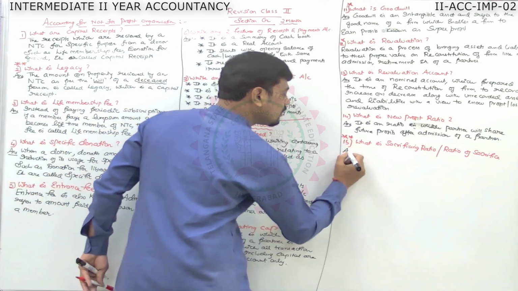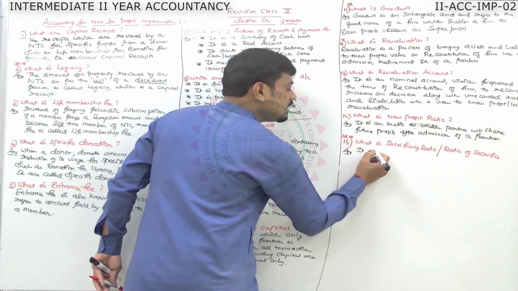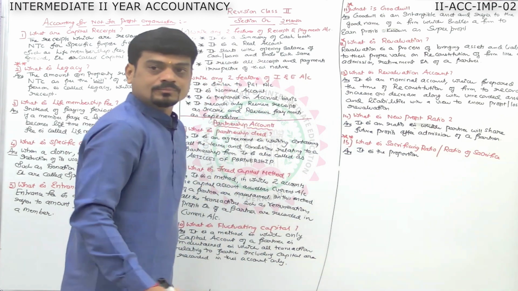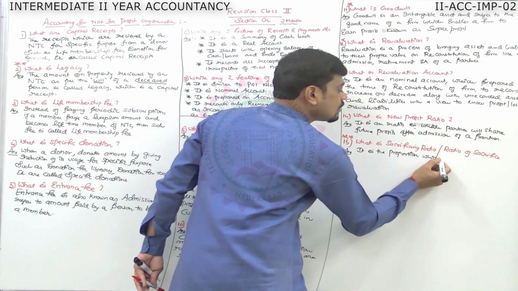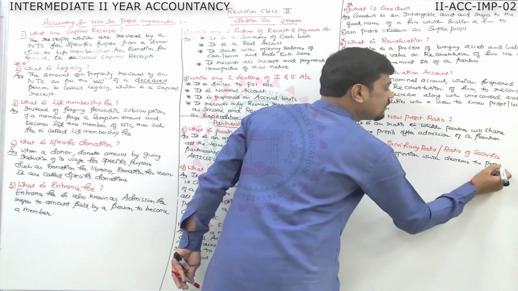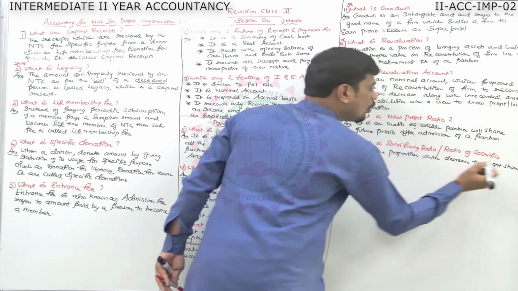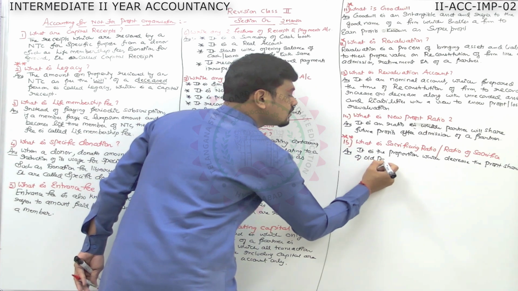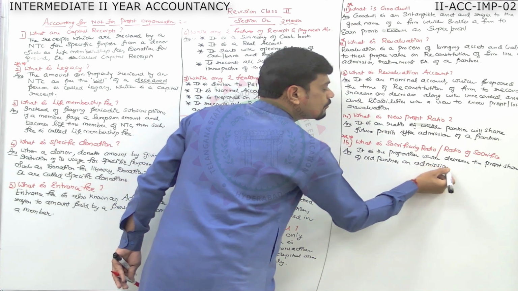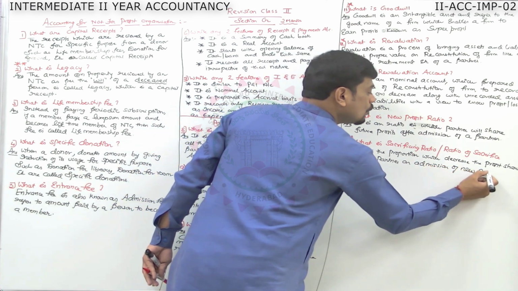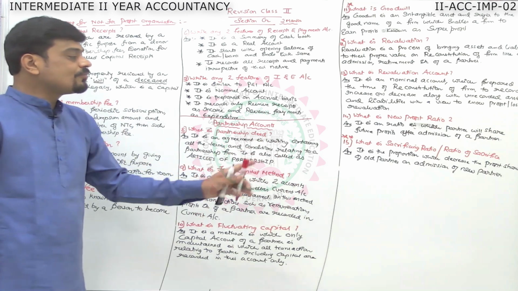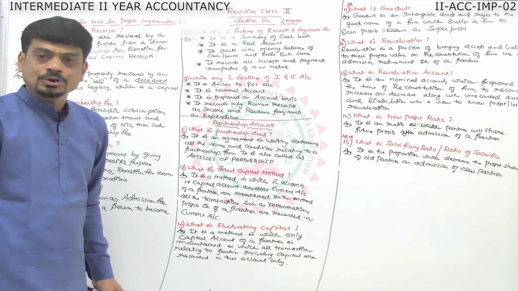Answer is, it is the proportion which decreases the profit sharing of old partners on admission of new partner.